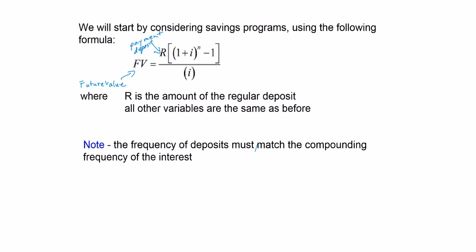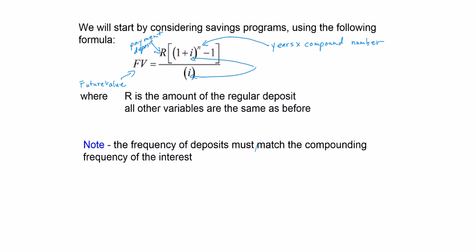So the N value is exactly like how we calculated before. The N value is the years times the compounding number. And this I value that exists here, and notice my I value is in brackets on the bottom.